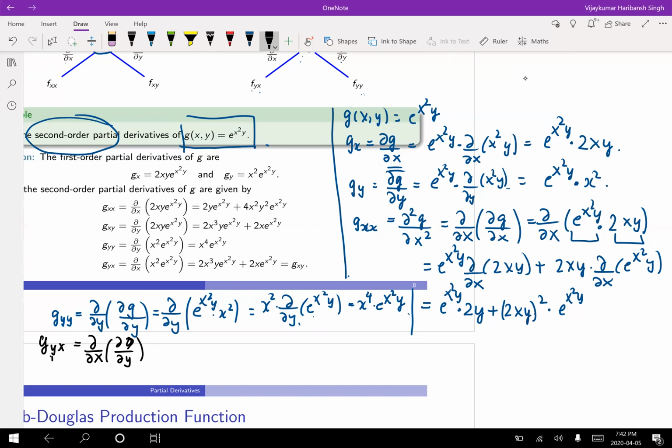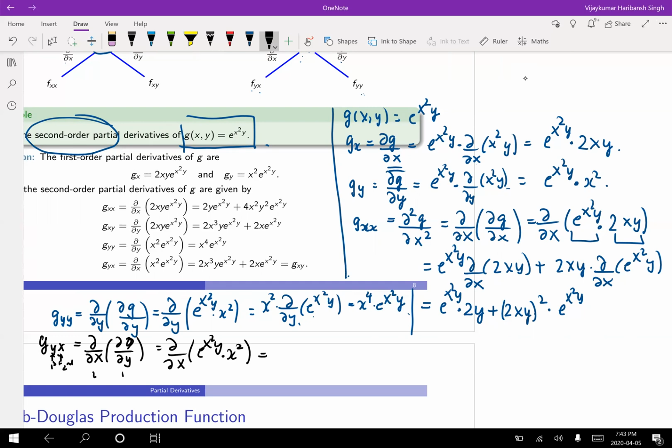All right, so this goes first and then this goes second. First, second. So now we get that this is the same as the partial derivative of this with respect to x, so we get e to the x square y times x square.